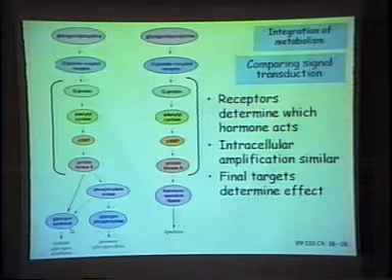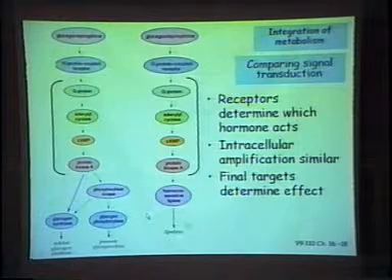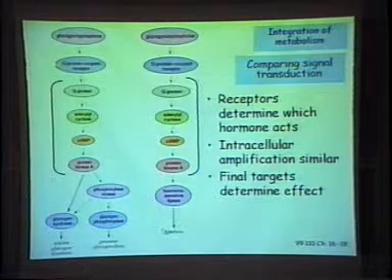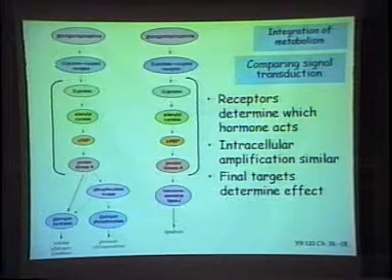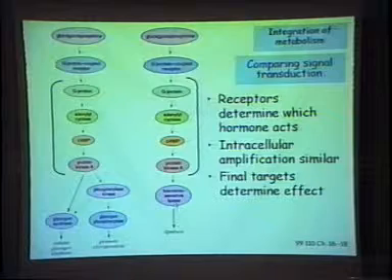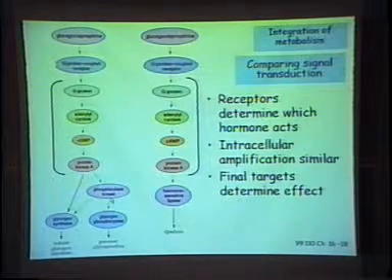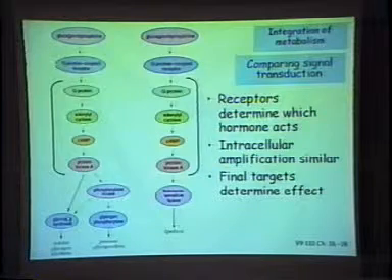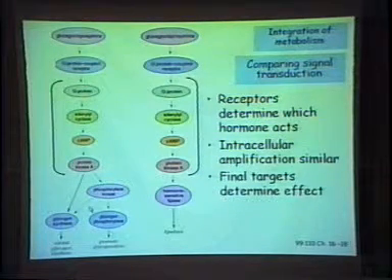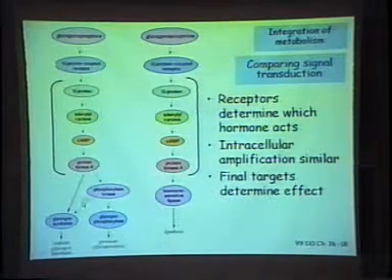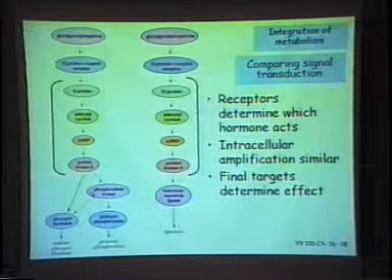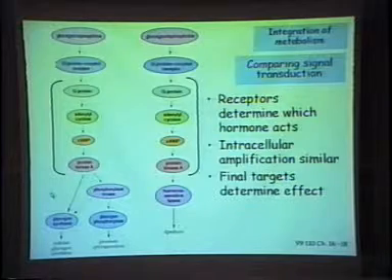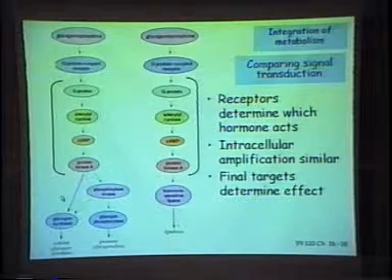But the targets can be different. So even though these parts are so similar, in adipocytes it can cause lipolysis because the final target is a lipase. And in muscle cells, it can affect glycogen metabolism because that's its final target. So the protein kinase has many targets, but any one cell will have specific targets, and that's going to be which metabolic activities are going to be modulated.